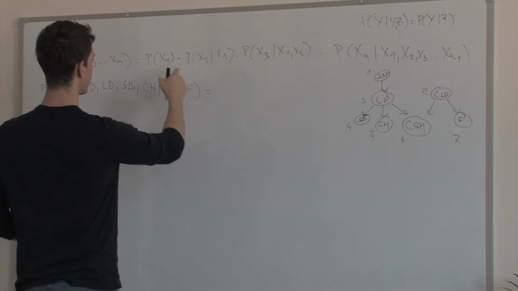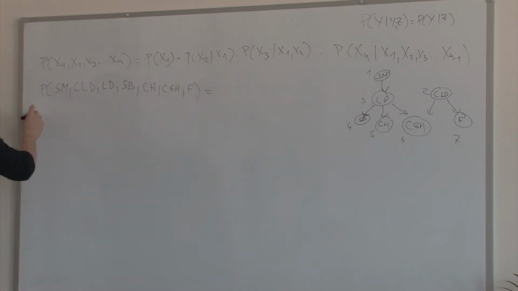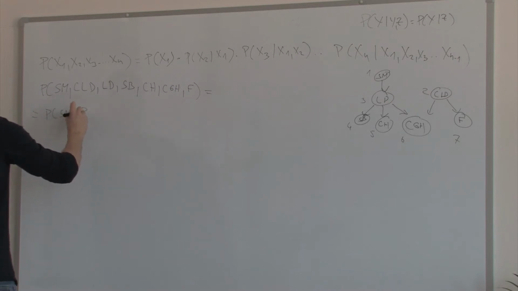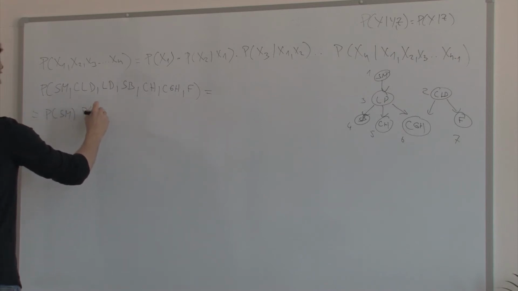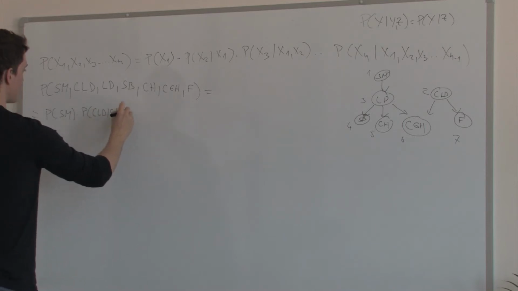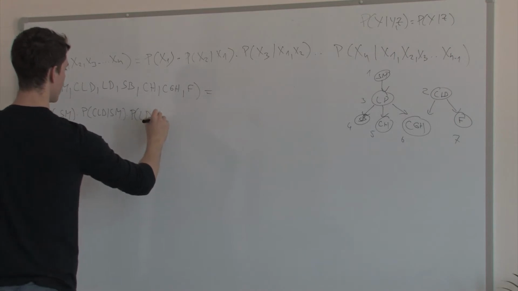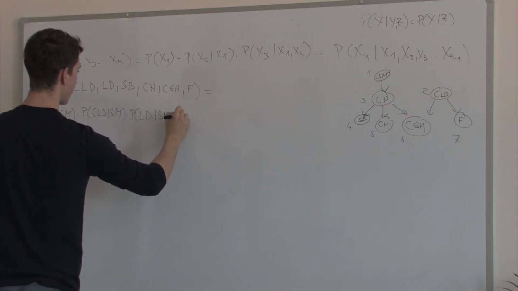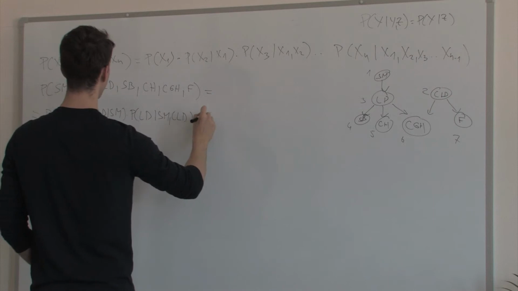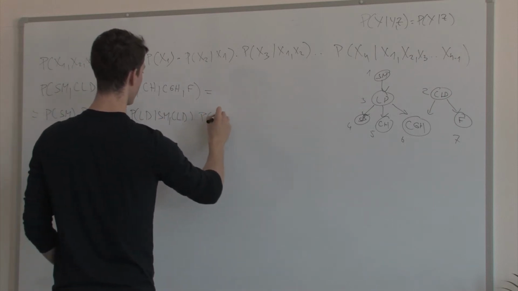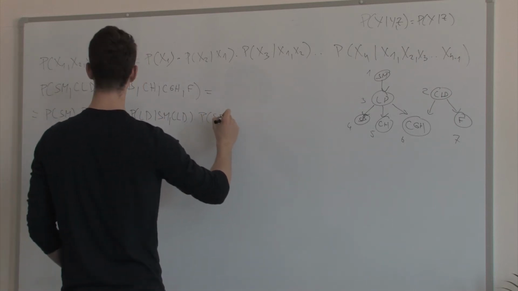And we can rewrite it using this formula: probability of smoking times probability of cold given smoking times probability of lung disease given smoking and cold times probability of shortness of breath given everything that was before it.